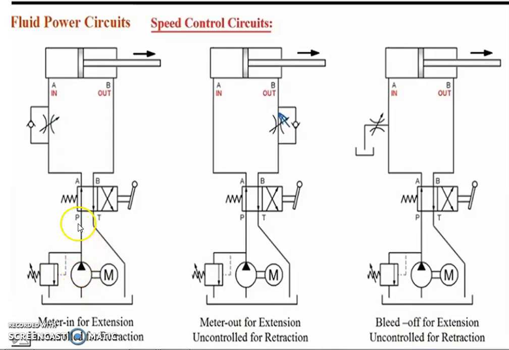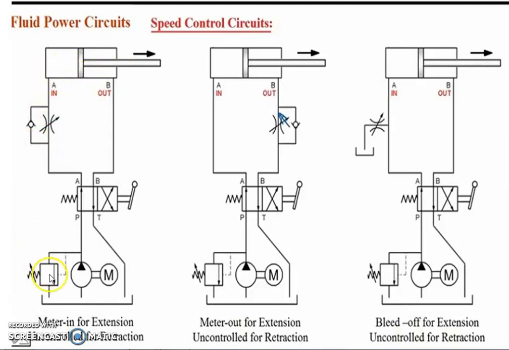That pressurized fluid flows through this direction control valve through P to A, and then through this flow control valve. According to our requirement, the amount of oil is admitted in the double acting cylinder, and due to pressure and force, this piston and piston rod extend according to our requirement of speed, means at inlet only flow is controlled.